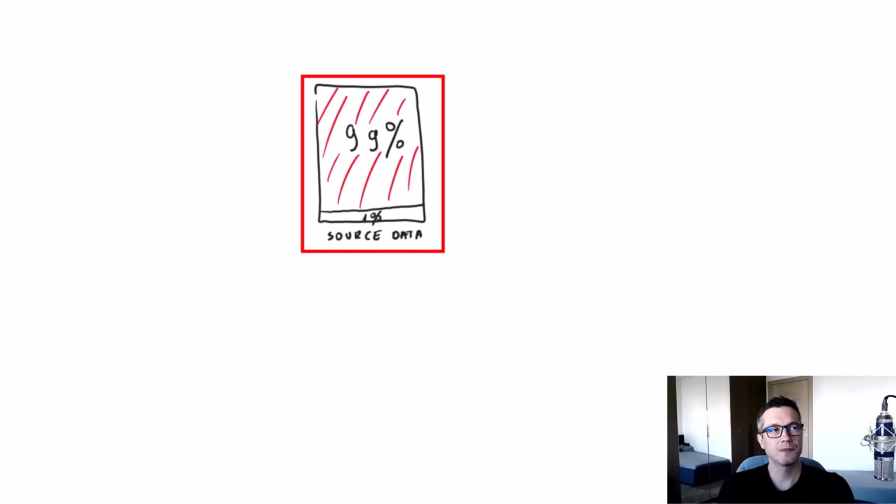Do the full load. And by full load, I mean the situation when you read all the source data every time you run your processing on the full data set, and then you delete the data that was already processed previously, and you replace it with the new data. A very simple, the simplest case.